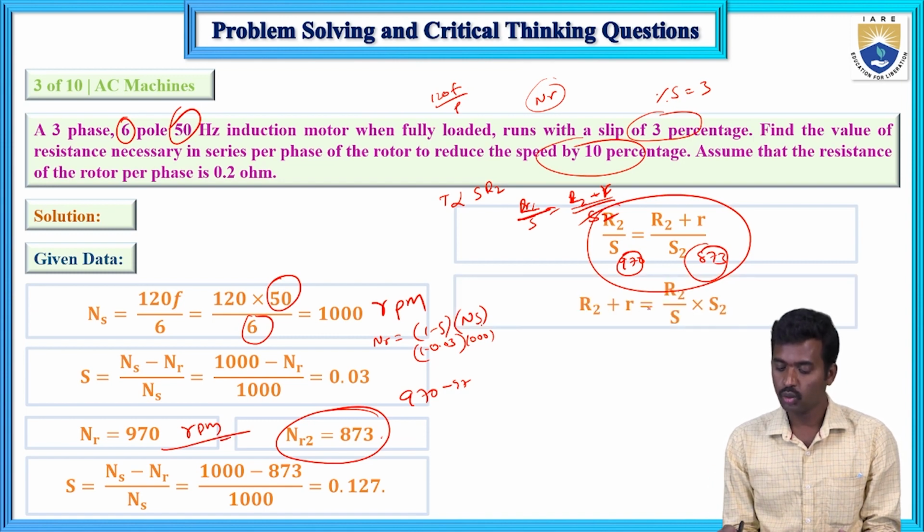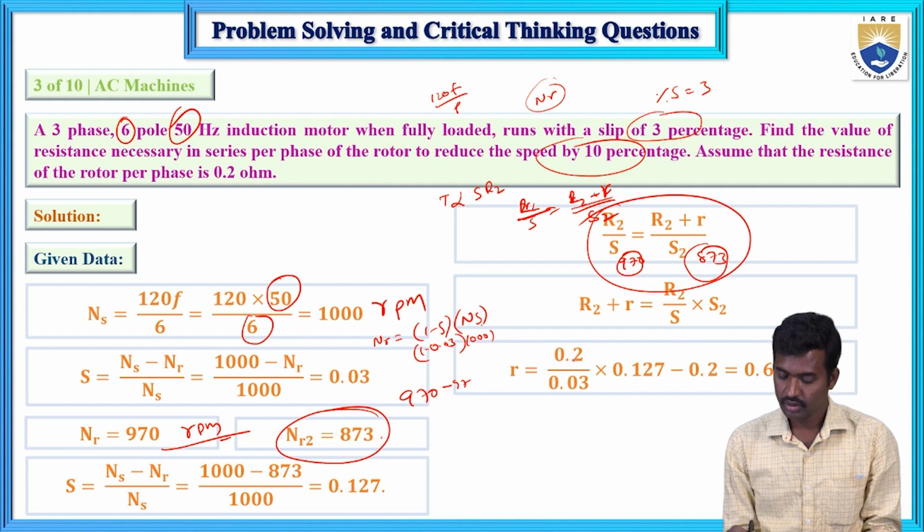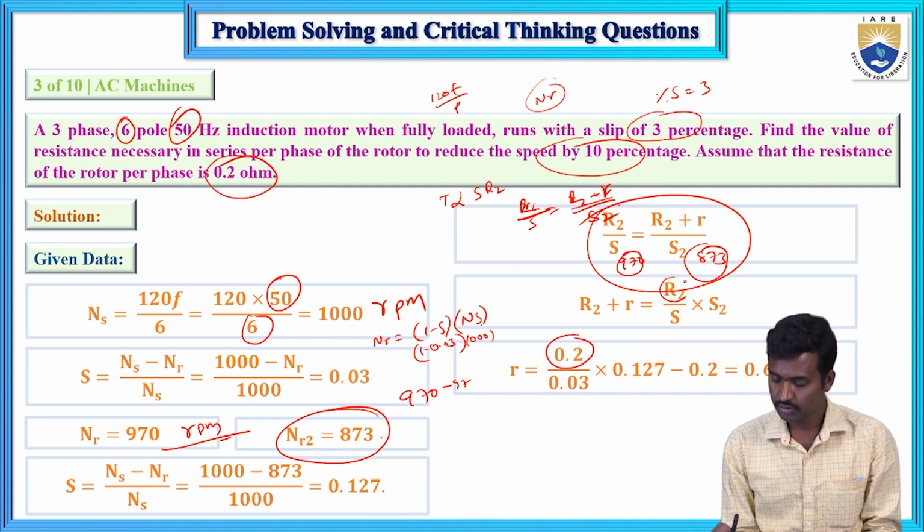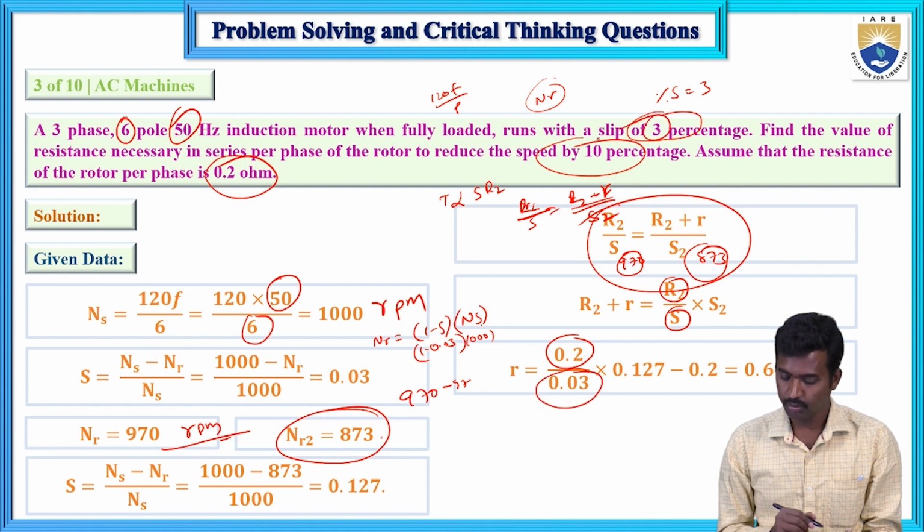Now here R2 plus R equals R2 by S into S2. Here, this given 0.2 ohms is the R2 value, and S is the slip value.